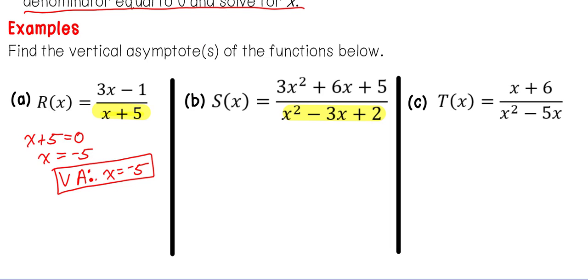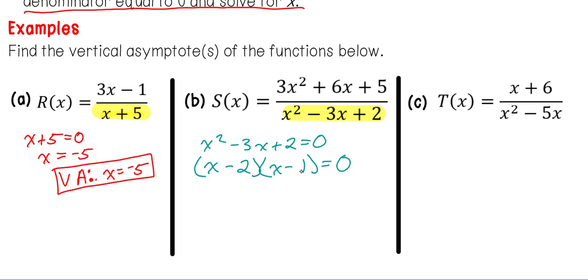So we're going to take x squared minus 3x plus 2 and set it equal to 0. Factor out our polynomial, so we have two x's. There's a minus in the middle and a plus, so they're both going to be negatives, a 2 and a 1.